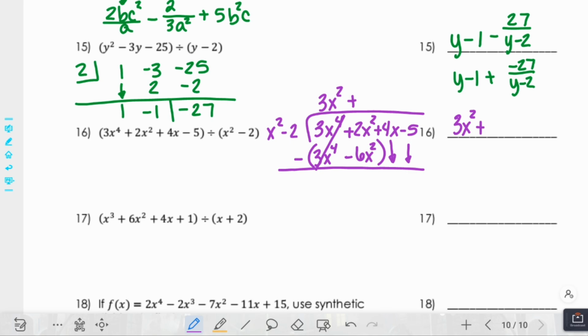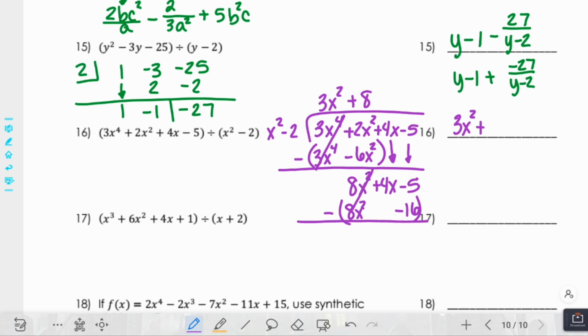Your 2x squared minus negative 6x squared is going to give you 8x squared. Bring down your 4x. Bring down your minus 5. From here, we are going to multiply, like I said, by 8. 8 times x squared gives us that 8x squared we're looking for, but then it gives us a negative 16 over here underneath our negative 5. Now let's go ahead and subtract.